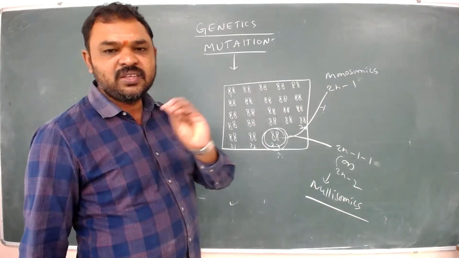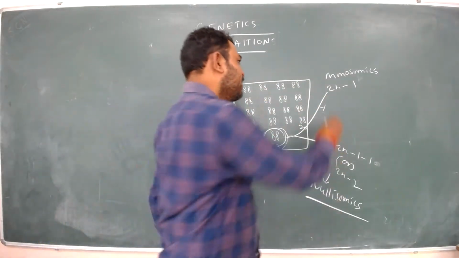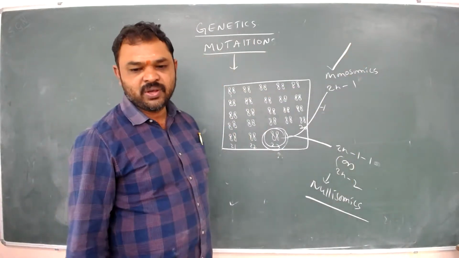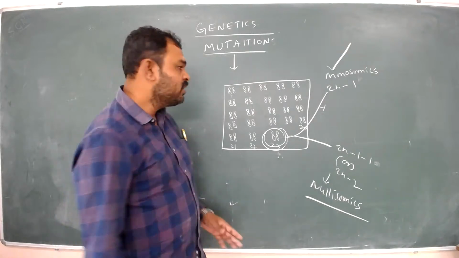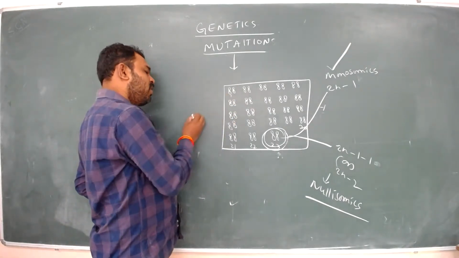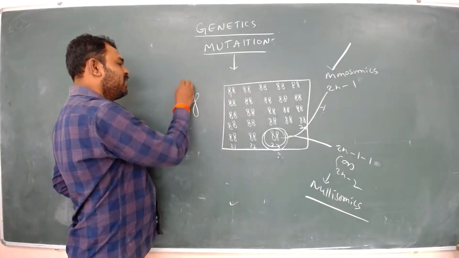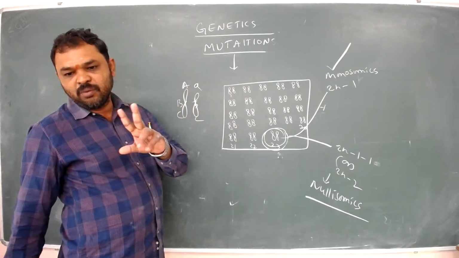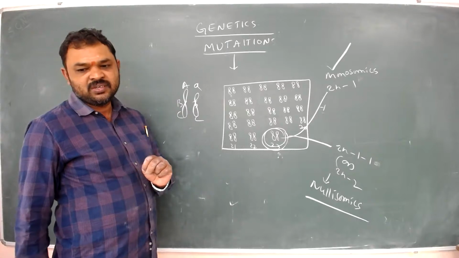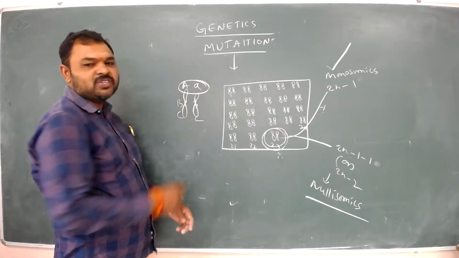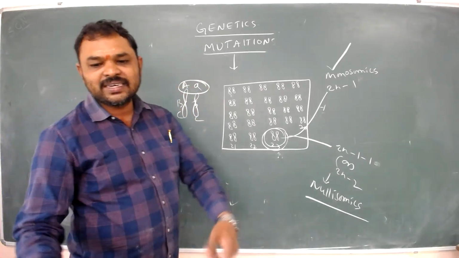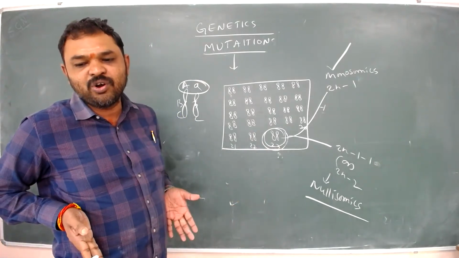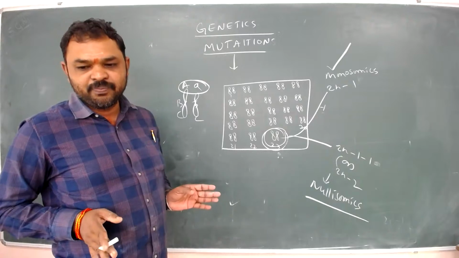Normally, monosomics have a chance to survive, but nullisomics cannot survive. Why? Suppose in one set you observe genes A, B, C, and each has 2 copies. If both copies of a gene are lost, those characters are lost and cannot be produced in our body, so the organism will not survive.